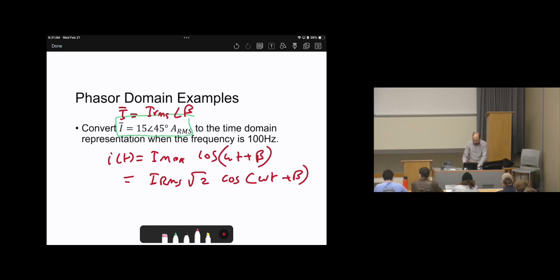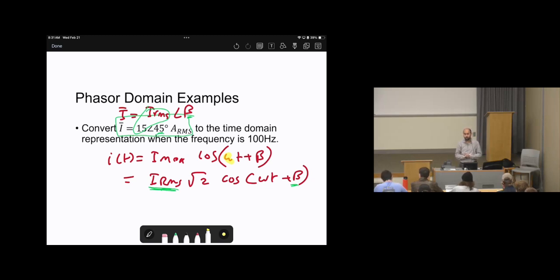Now, what's the RMS value? Do we know it? Yes, it is 15. Do we know beta? Yes, it's 45. What else? The frequency. This is something important: most likely the frequency is not mentioned in I bar.